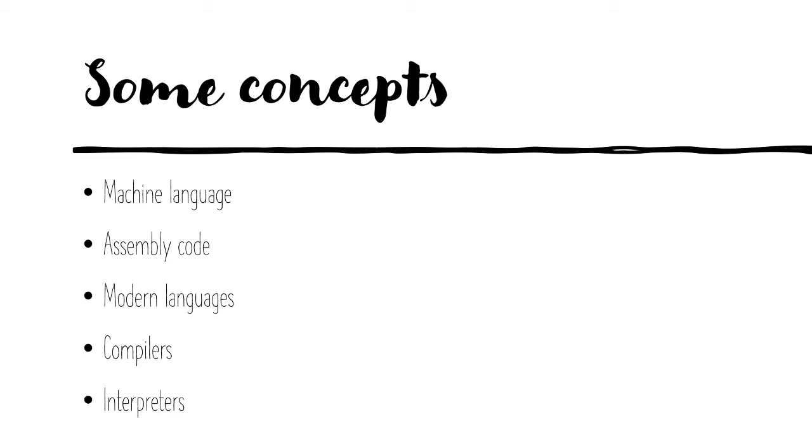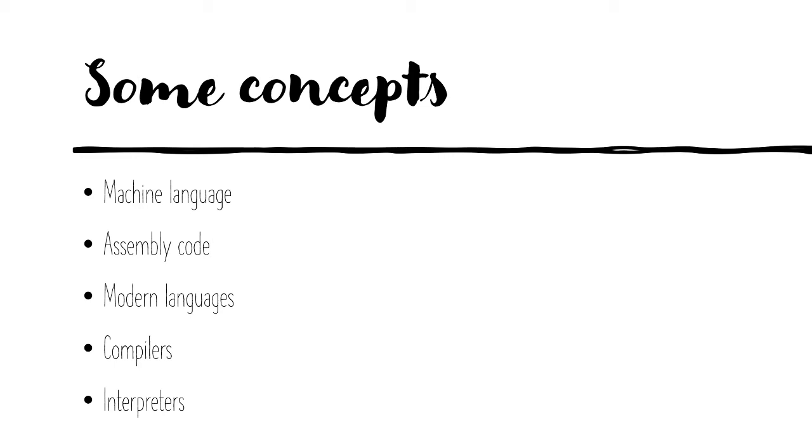They are not exactly English or any specific spoken human language, but they are pretty close to the languages that humans speak, and there is much less of a learning curve, and it's easier to code in higher level languages. And many times it's also much less code compared to assembly language. That's about the modern languages.